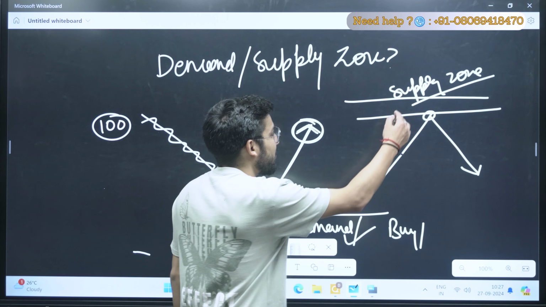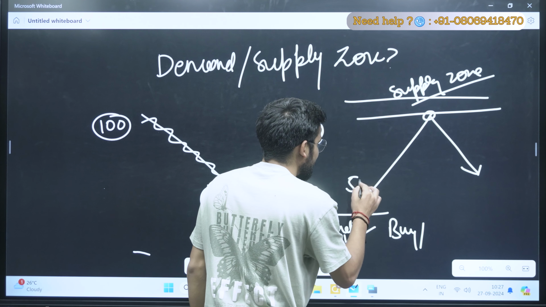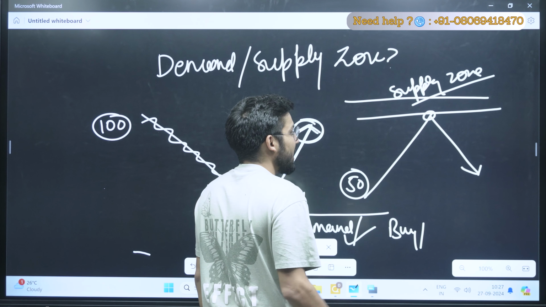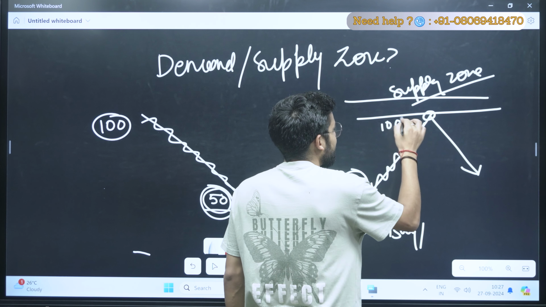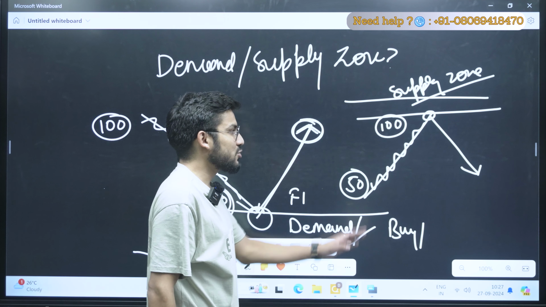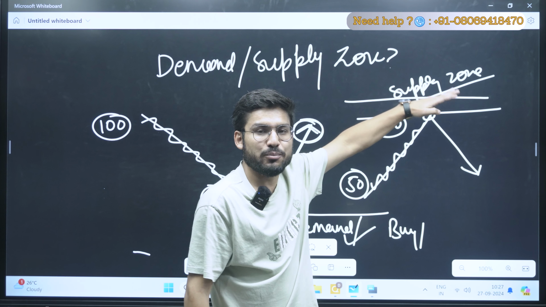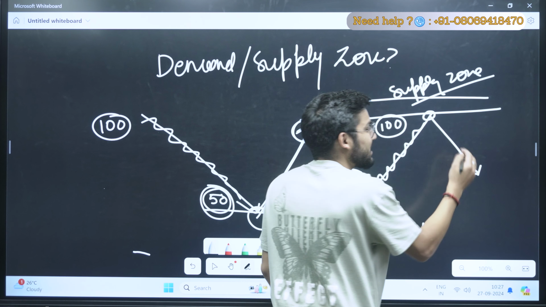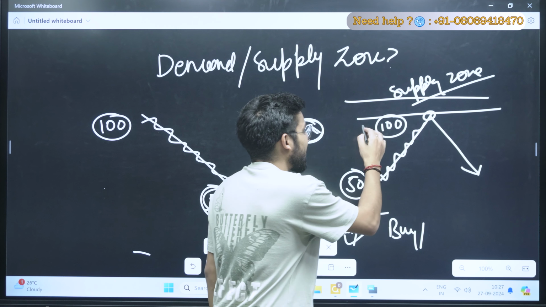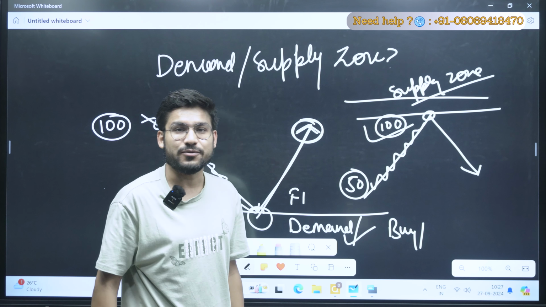Now in the supply zone, for example, if there was a stock that was priced at 50 and now when it was going in the bullish direction, its price is now 100 rupees. So there must be someone who will be booking his profit. And now you can see the premium is so much more expensive, right?